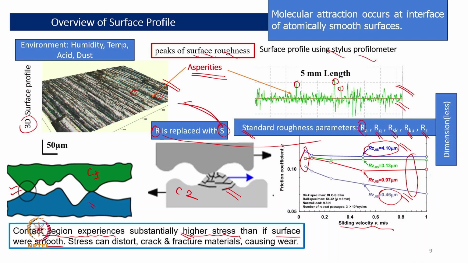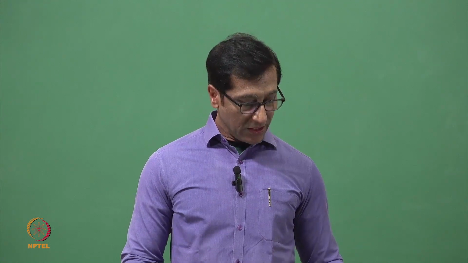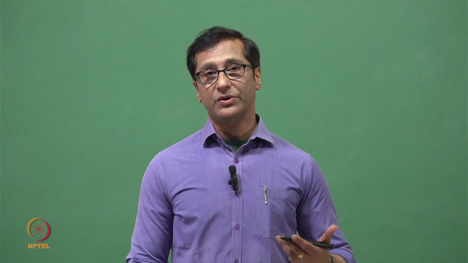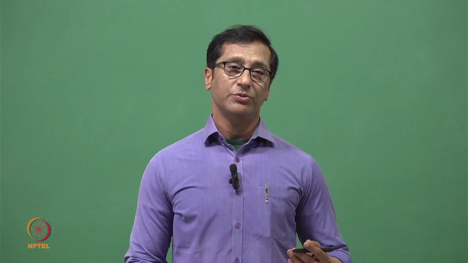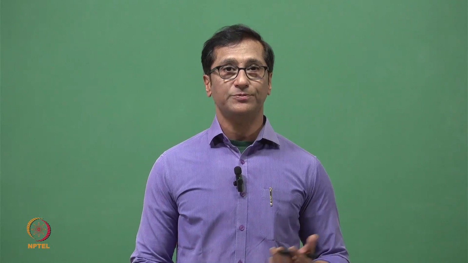When we account for surface roughness, the stress level will be much higher, and that high stress can distort, crack and fracture the materials. That is a point of interest to us, and that's why we need to consider it, because it will cause wear or a higher wear rate. We need to account for those results, and see what the remedial actions are, because for sustainability, minimization of wear rate is very important.